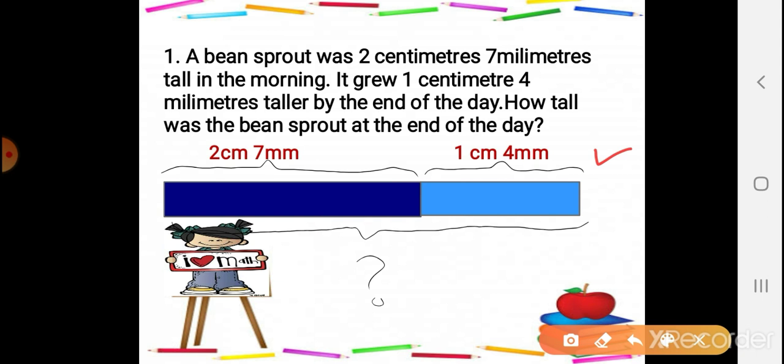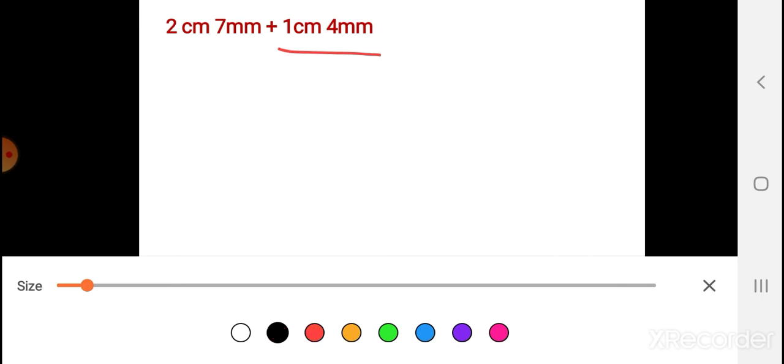For this purpose, we can add these heights, that is 2 centimeters 7 millimeters and 1 centimeter 4 millimeters. Let's go for addition. We have 2 centimeters 7 millimeters that should be added to 1 centimeter and 4 millimeters.